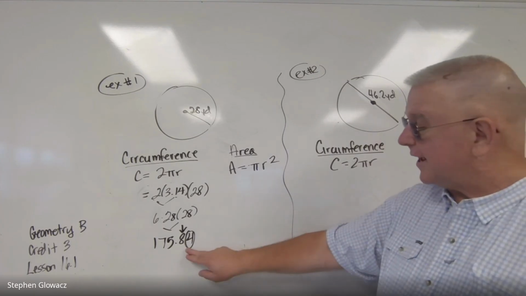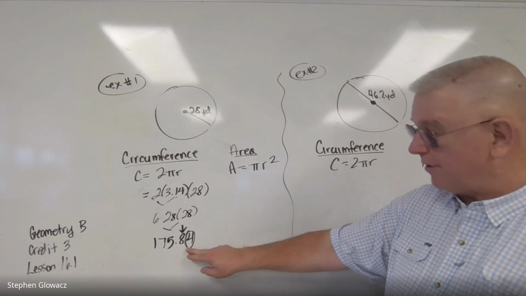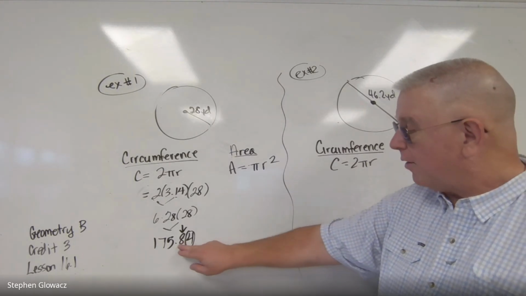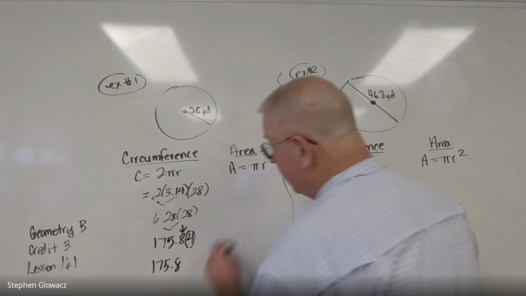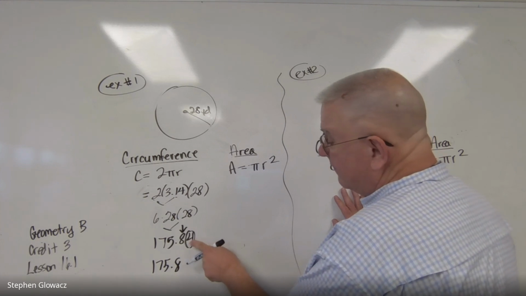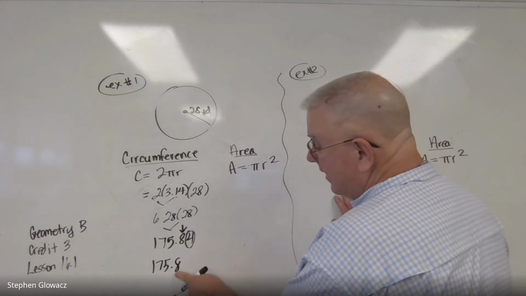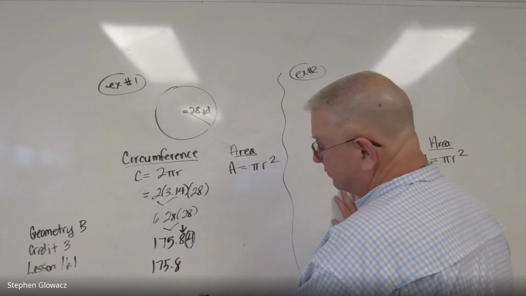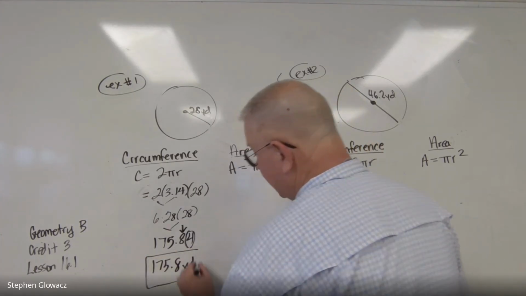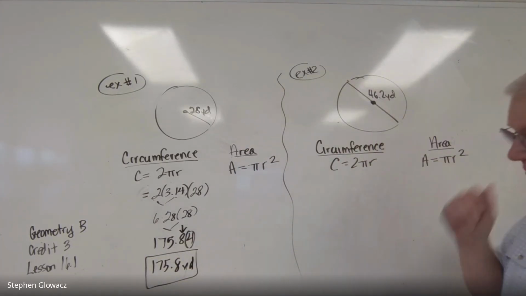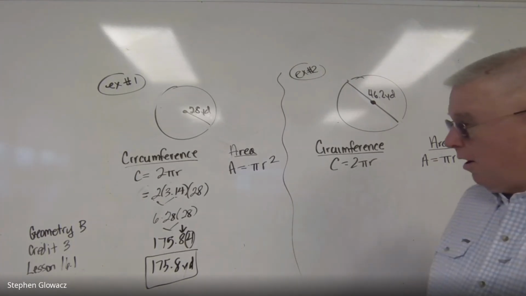Since the next number that tells us how to round is a stay number, it's a 4, we're going to stay at 175.8. Had this been a 5, 6, 7, 8, or 9, then this would have gone up to 9. Remember to indicate the unit, which is yards, and there's our answer, 175.8 yards.